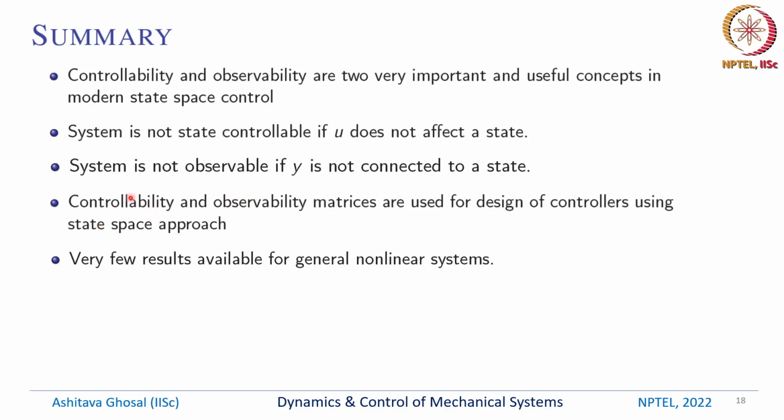Kalman found two matrices, QC and QO. Okay, and if the rank of those matrices is n, where n is the dimension of the state space, then we can say that the system is controllable or observable. Okay, and these controllability and observability matrices are used extensively for design of controllers using the state space approach. We will see that later on in this course.